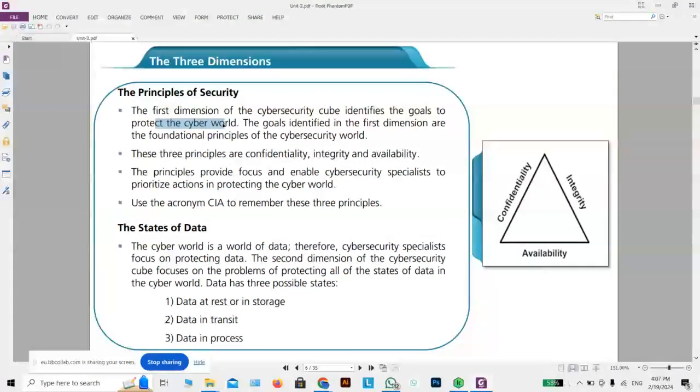So if you want to know the effectiveness of IT security systems, you have to go for 3 parts. You make sure to apply these parts with the help of these principles. What are those principles? Confidentiality, integrity, and availability. So hence we can also call it a CIA triad.